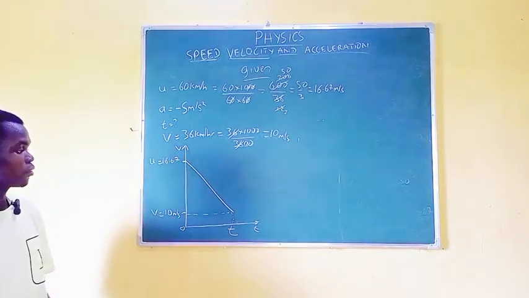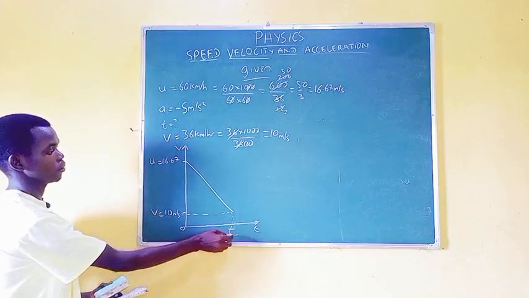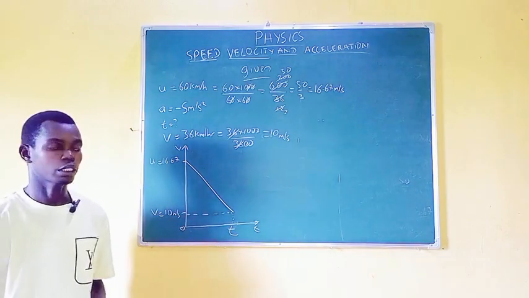From the velocity time graph now, we can find our final time using the slope of the velocity time graph.